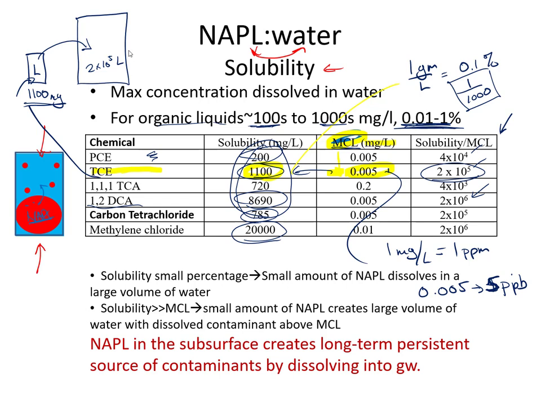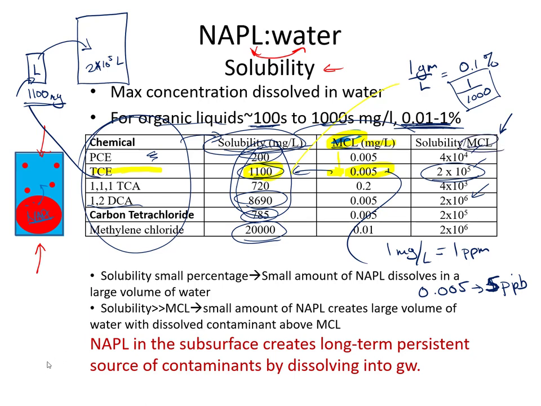What we get out of this is that organic contaminants do dissolve in water. The solubility is low enough though that it's going to be hard to dissolve away the contaminants. But when we do that, we're going to create large volumes of water that are potentially above the MCL.